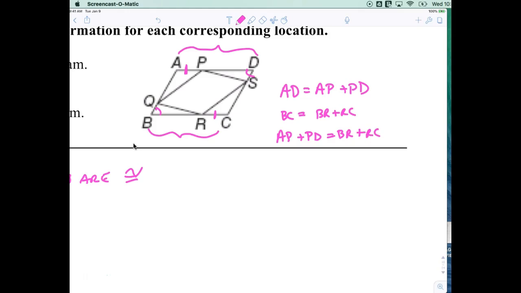And then RC is equal to AP, so then RC plus PD is equal to BR plus RC, right? Then subtraction, PD is now equal to BR. Do you agree? That's how I would do it.